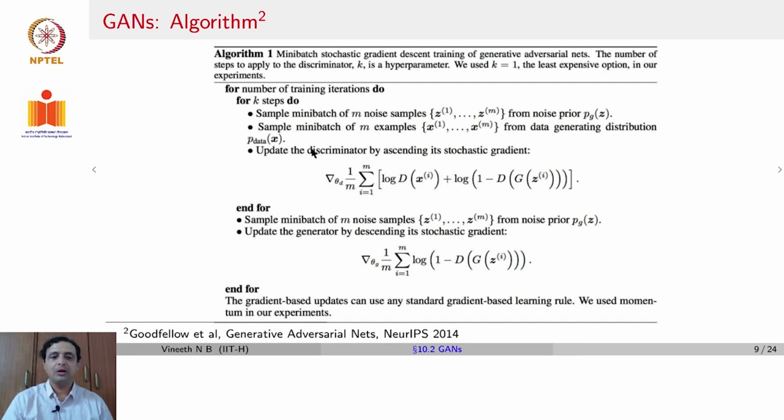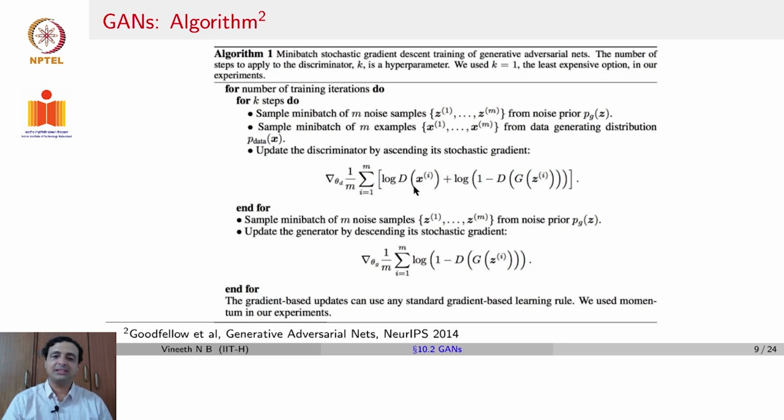Now remember, your overall objective is log of D of X plus log of 1 minus D of G of Z, and remember that the discriminator wants to maximize both of these. That's what we said so far.